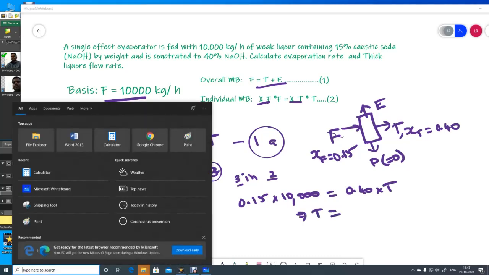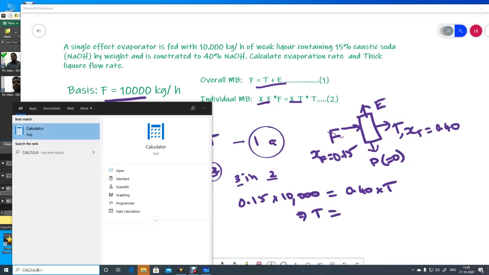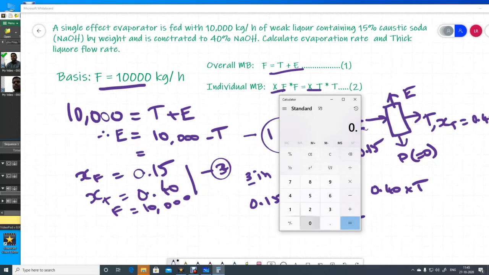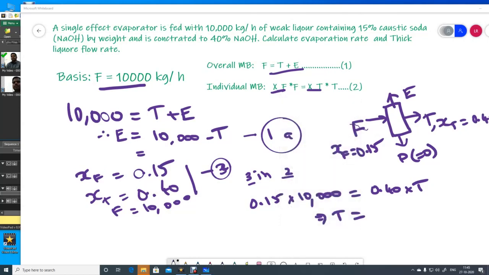If I open my calculator, 0.15 multiplied by 10,000 divided by 0.4 is equal to 3750. You also check your own answer. So 3750 kg per hour is the flow rate of thick liquor.